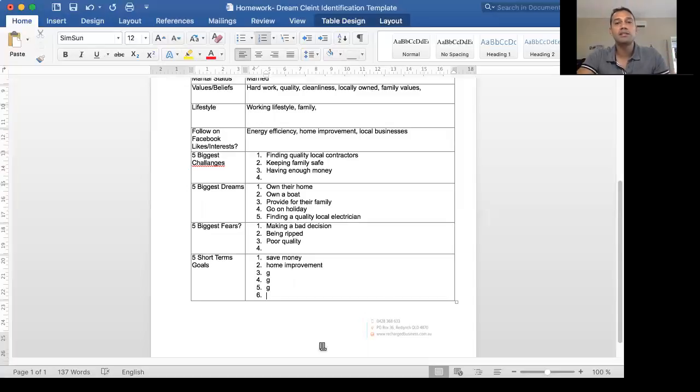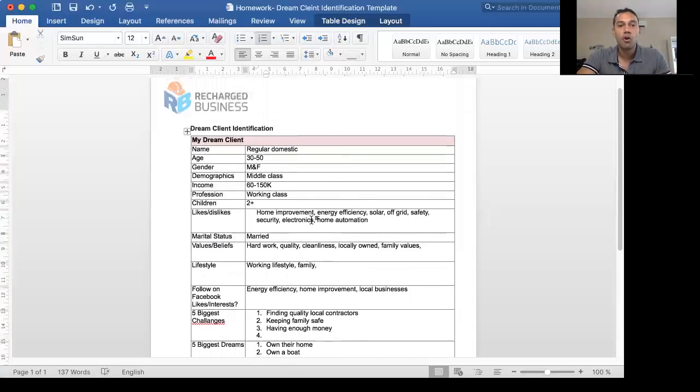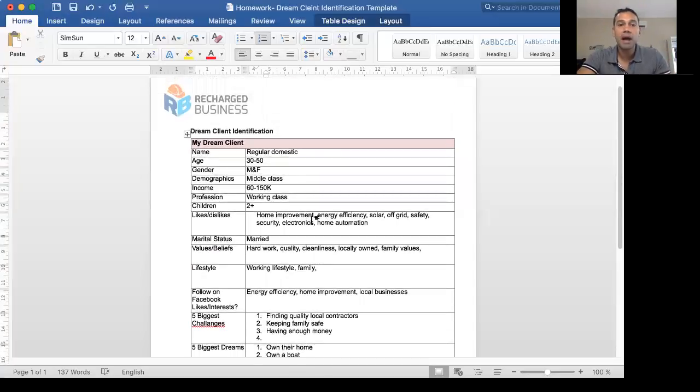So I hope, guys, this has given you a little bit more of a background of how the dream client identification form is filled out. You really want to narrow down on what your client wants, not what you want, what your ideal client wants.